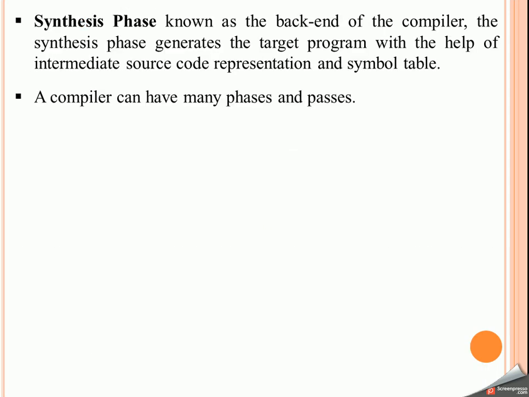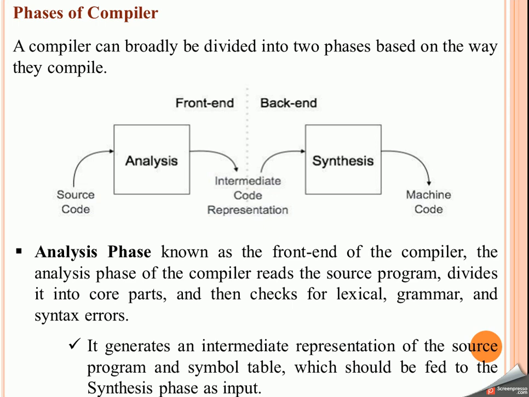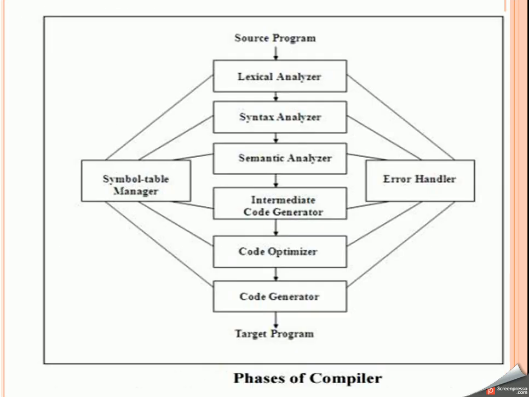And the synthesis phase of the compiler, which is known as the back end of the compiler, takes into consideration the intermediate code that has been generated, optimizes the code, and finally generates the target code.